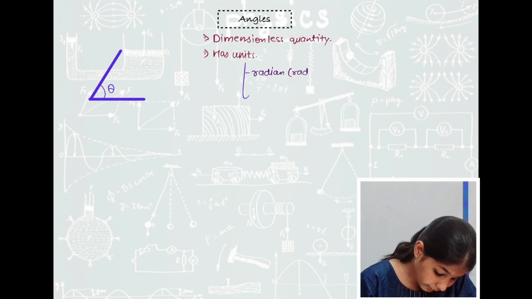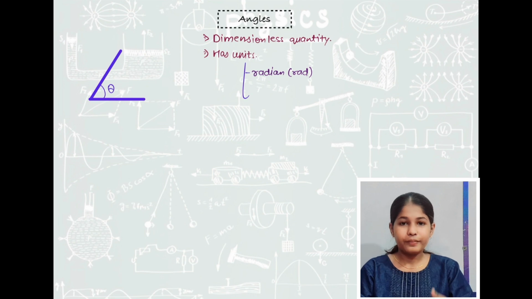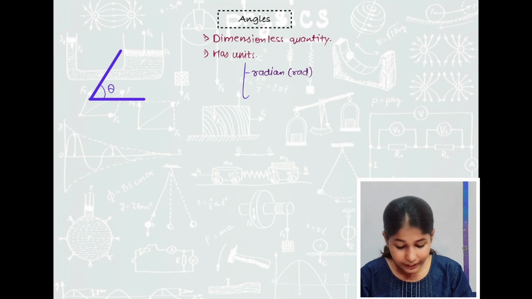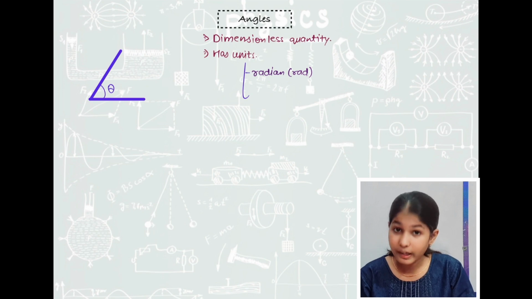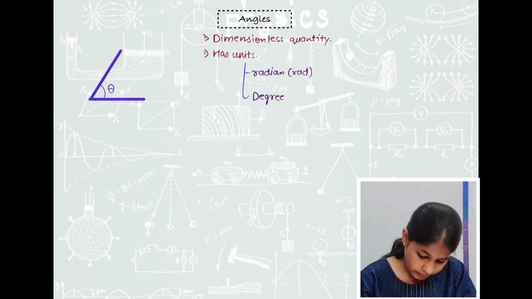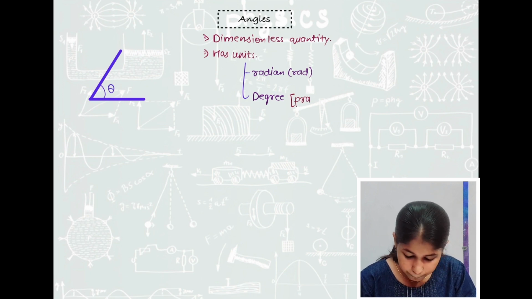If you are surprised, okay, but if not, it is just revision for you. So radian is also a unit of angles. Also degree, which is very common, and that's why degree is a practical unit of angles.